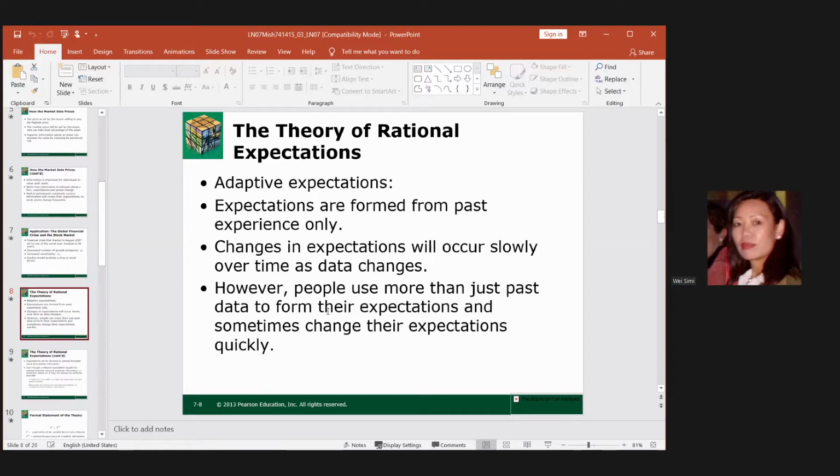However, people use more than just past data, okay? Remember when you invest your money in a hedge fund or mutual fund, they will give you your statement, okay? They say this manager is very good, made a 20% return last year, okay? And then they immediately tell you past return can never represent the future return, it's not guaranteed.